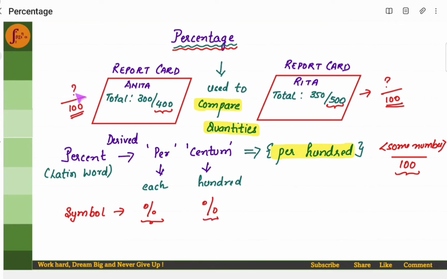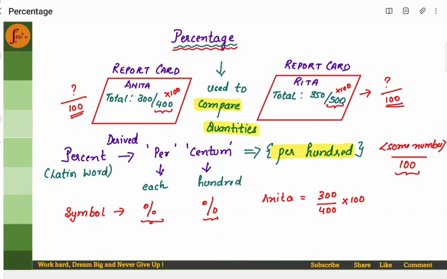Now, how do we find this particular number? We multiply this entire thing by 100. Let's say Anita's marks is 300 by 400. You multiply this entire thing by 100.